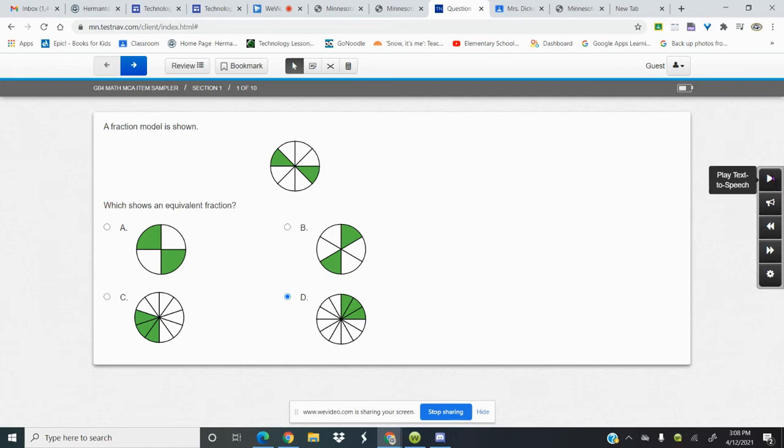So that's the play tool to read your questions. This tool here, toggle to click to here. I can click that on, and wherever I click on my words, it should read it. The jump back button, so if I'm reading, let's see if I can do this fast enough.